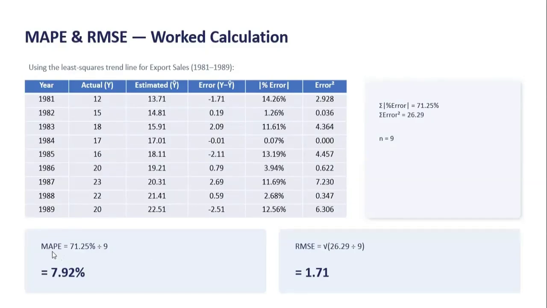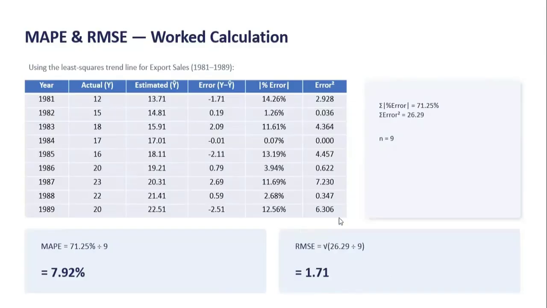That's our MAPE value. Square each error, average this and take the square root, that is the RMSE.